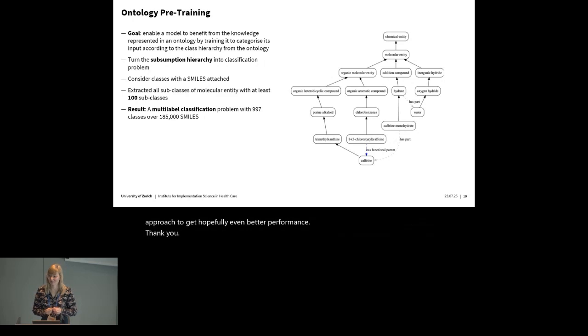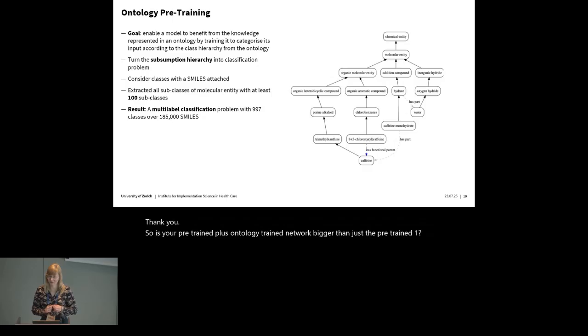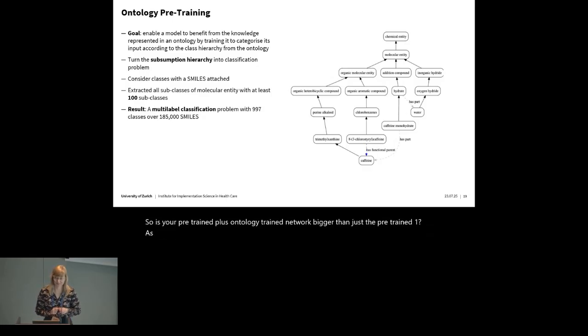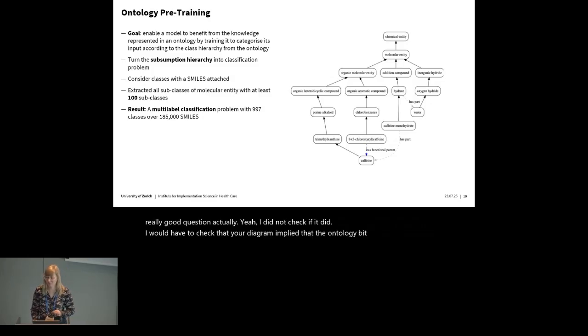Yeah, so is your pre-trained plus ontology-trained network bigger than just the pre-trained one, as in it has more hidden layers because you've added the ontology pre-training bit? That is a really good question. Actually, I did not check. Your diagram implied that the ontology bit is some extra layers.